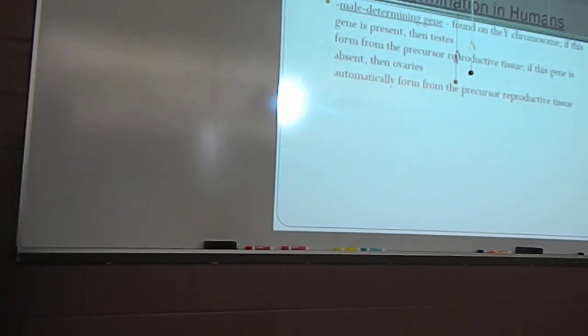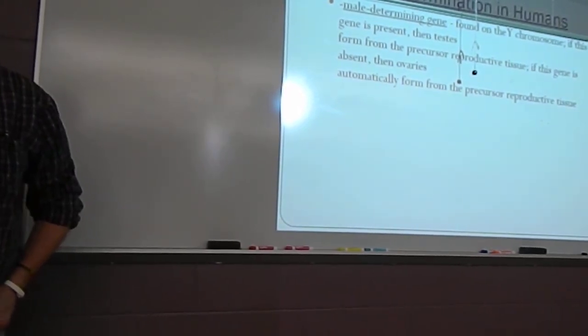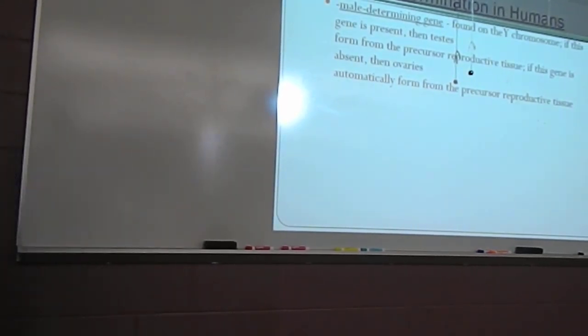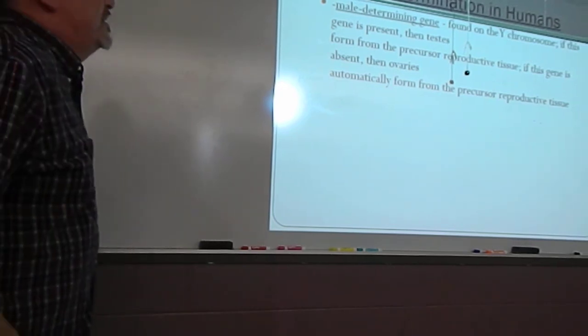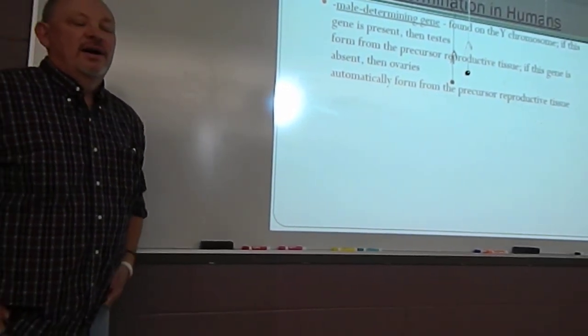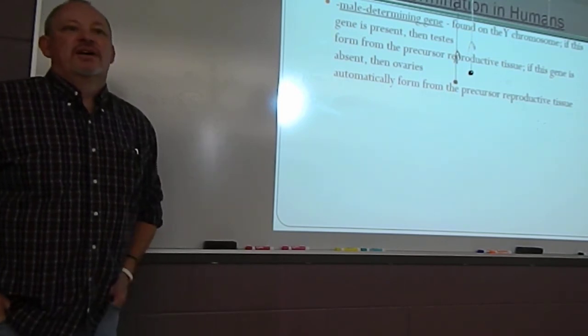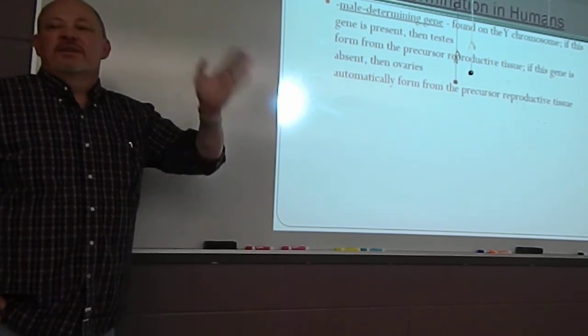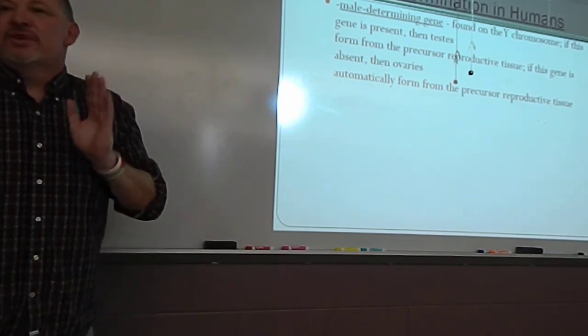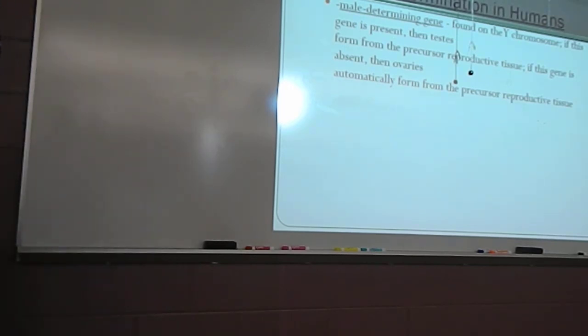Now on your notes, there's some talk about Thomas Hunt Morgan and the location of genes on different chromosomes, right? We're just going to kind of skip over that. Just know that genes are found specifically on certain chromosomes, right?